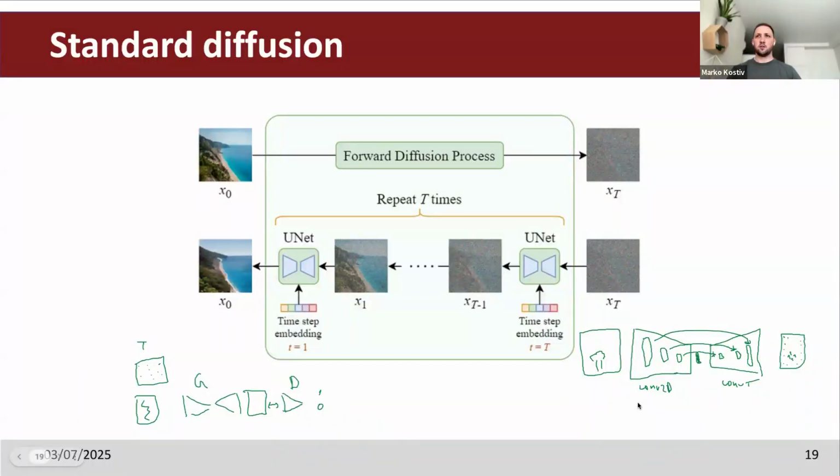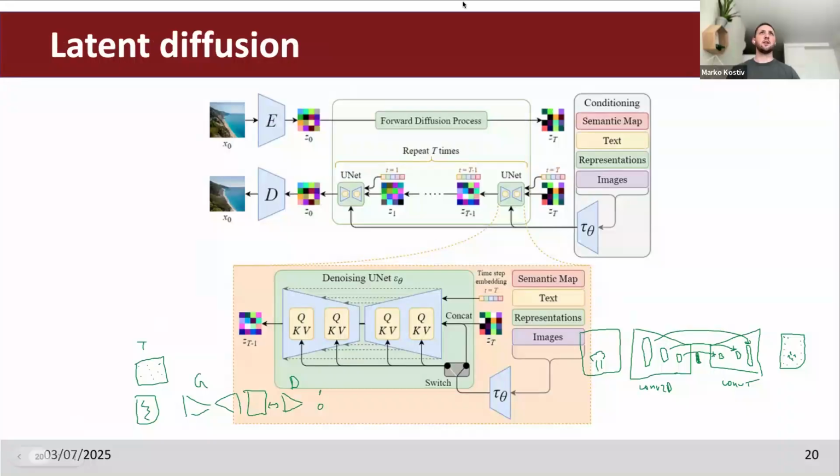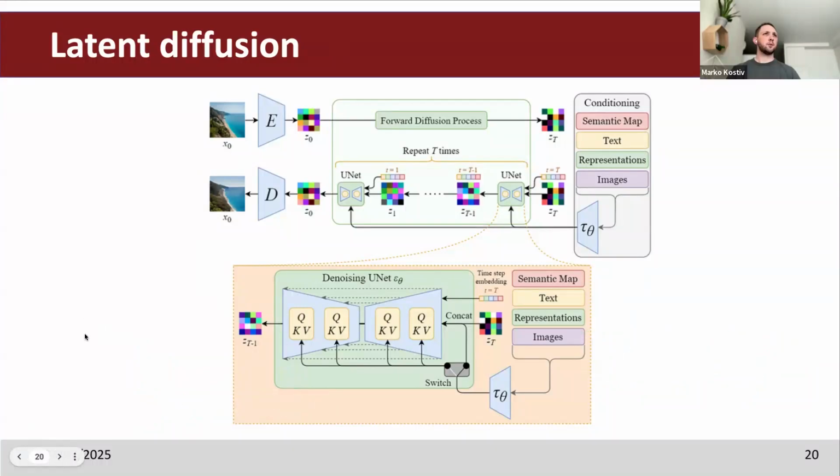But that was solved. That was solved with the latent diffusion. We know already how we can encode an image into latents with the variational autoencoder.